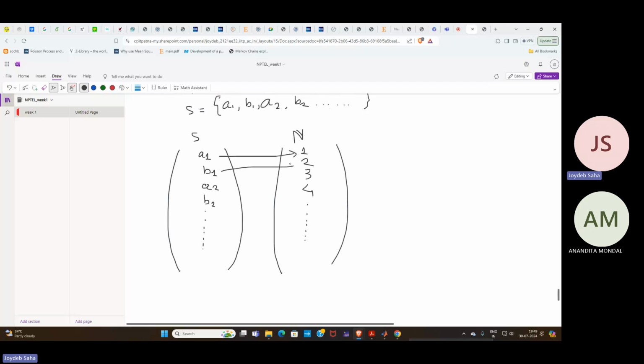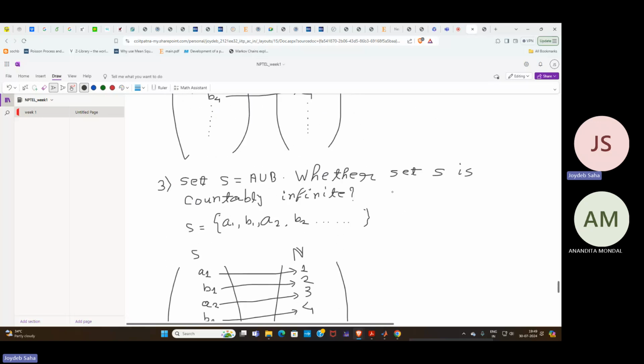Then A1 is mapped with 1, B1 is mapped with 2, A2 is mapped with 3, B2 is mapped with 4, and so on. So the answer is yes. S is countably infinite.